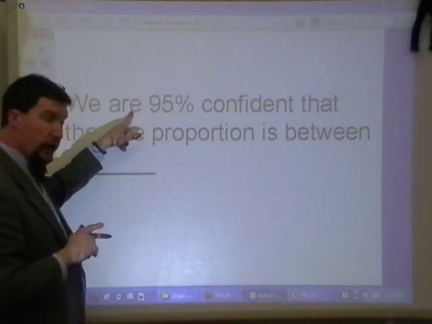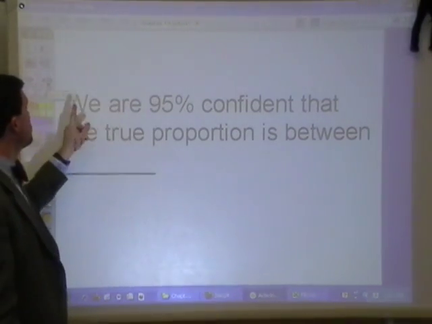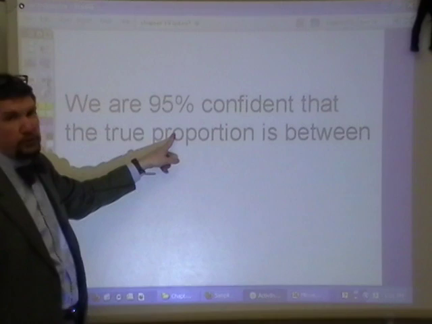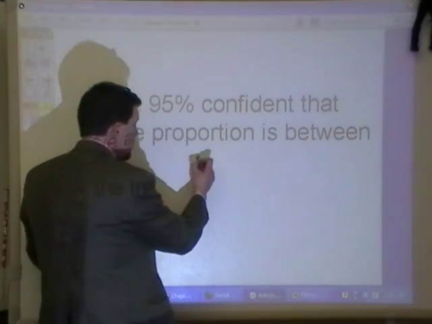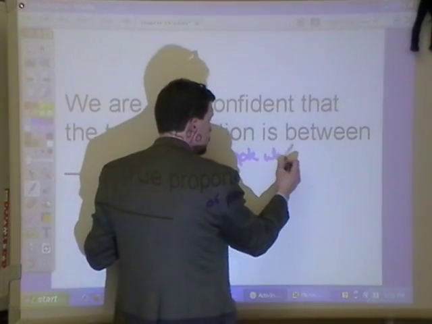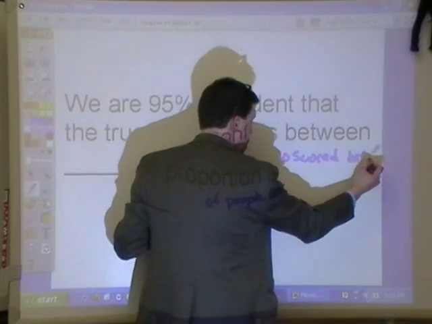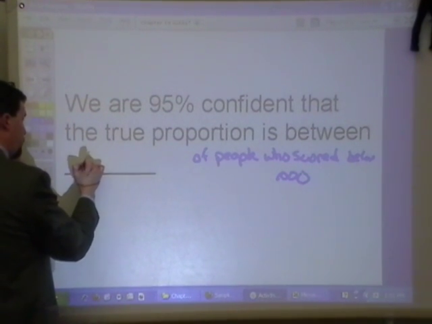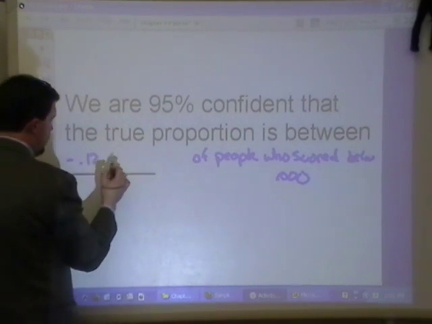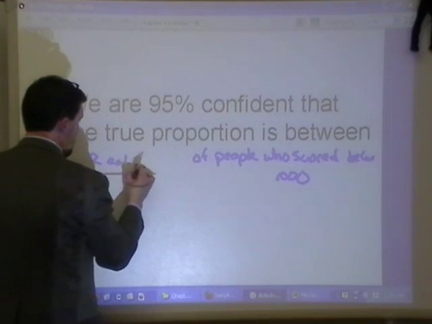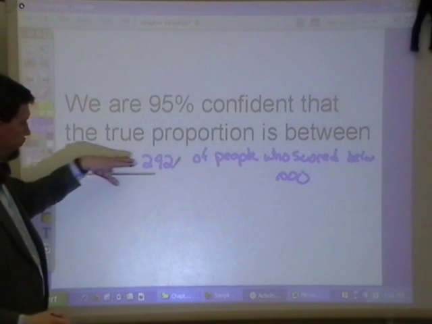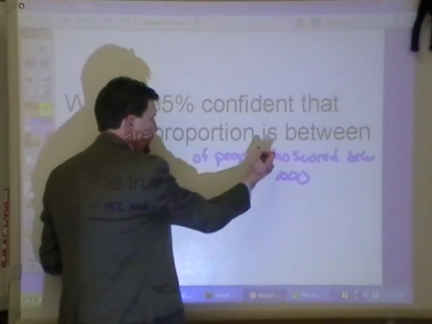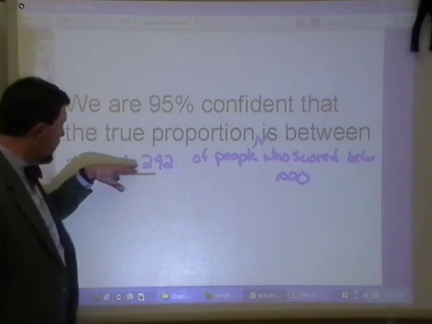We say, and it helps if you do it like you're from Monty Python, we are 95% confident that the true proportion of people who scored below 1,000 is between negative 0.012 and 0.292.